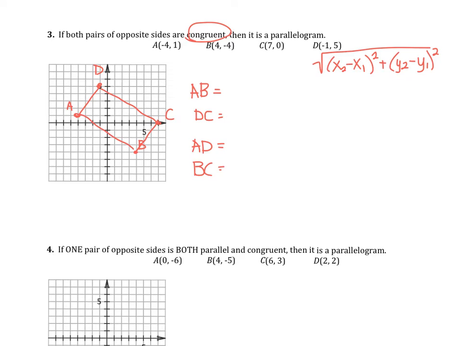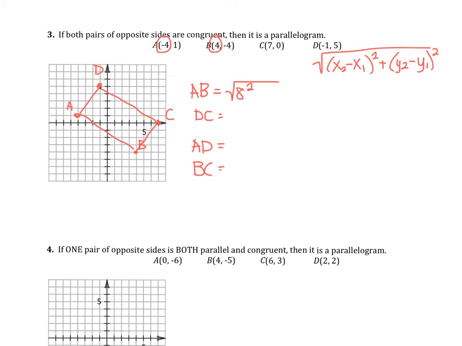If you're one of my students, you know that I don't write out every single step of the distance formula because I think that's kind of a waste of time. I just do part of it in my head. I ask myself, okay, 4 and -4, how far apart are those two numbers? It would be 8 steps, and then I square it.